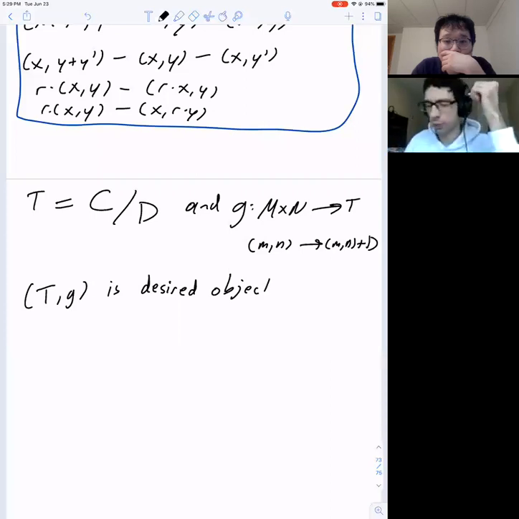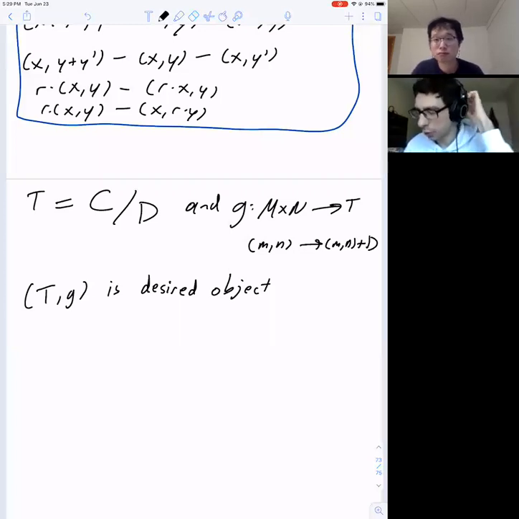And you can prove on your own why there is a unique isomorphism: if you have two such objects, T and T prime, G and G prime, why there is a unique isomorphism of T and T prime.